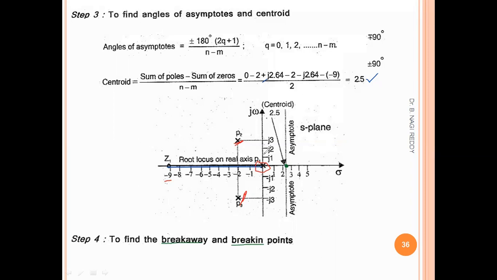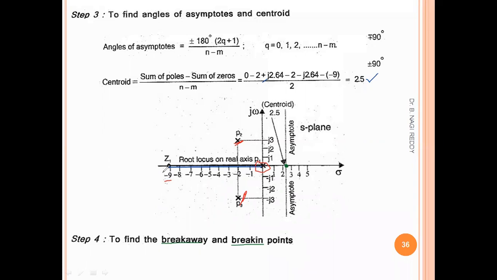So between these two, we cannot get any point, because a breakaway comes between two poles and a break-in can come between two zeros. But here a zero is there and a pole is there, so there is no chance of getting any breakaway or break-in points. So like this we can write.